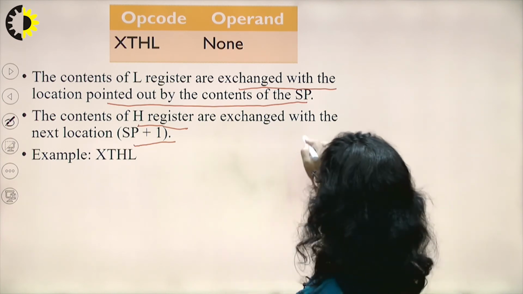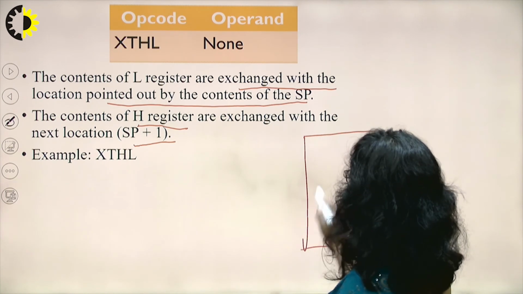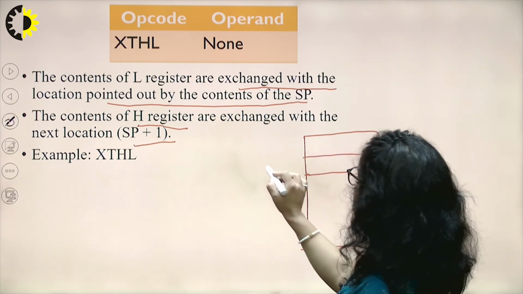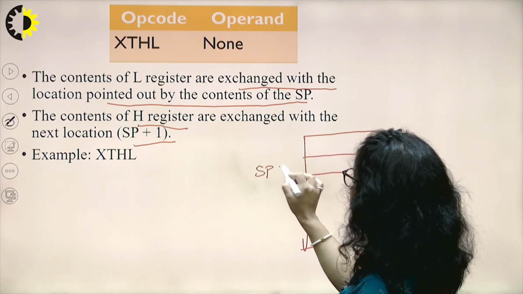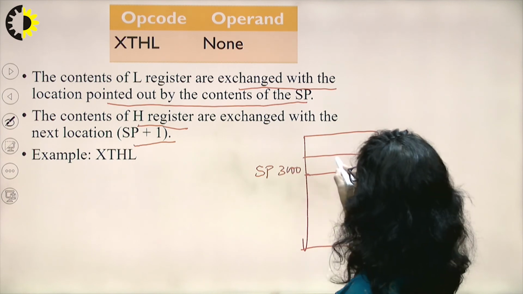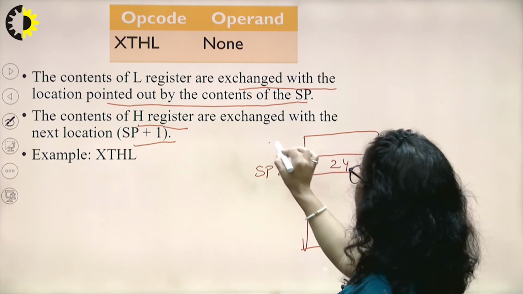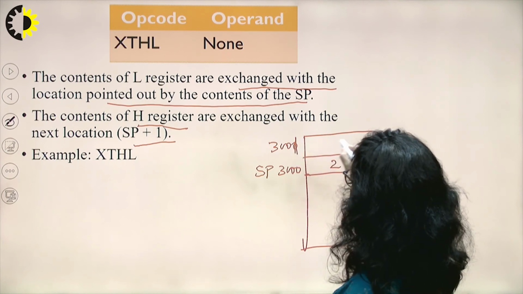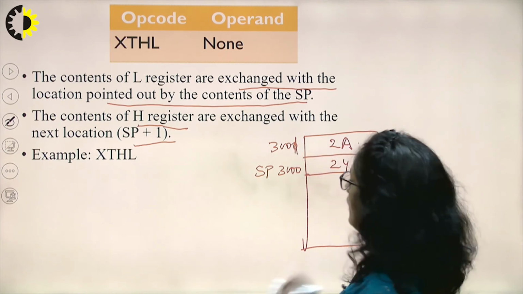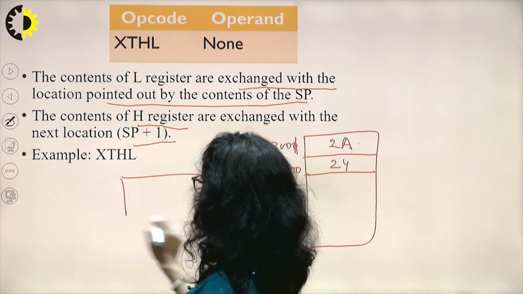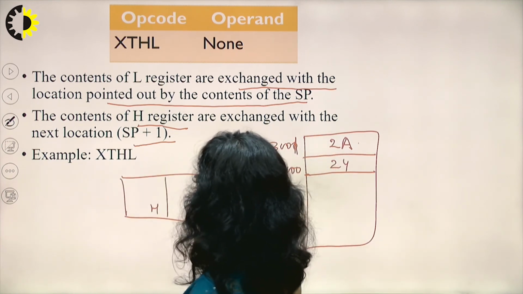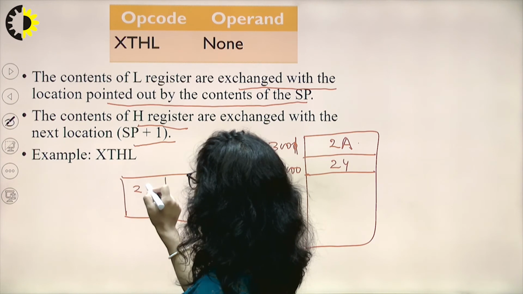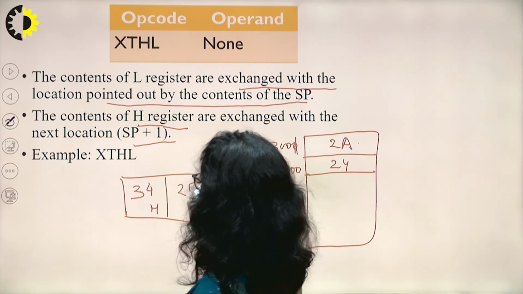Let's take an example. Suppose SP is pointing to location 3000. Here the content is 24, and at 3001 the content is 2A. Before execution, the content of H and L is 3425.